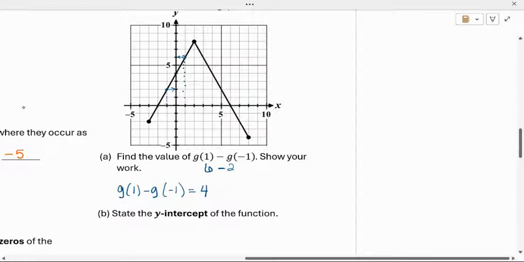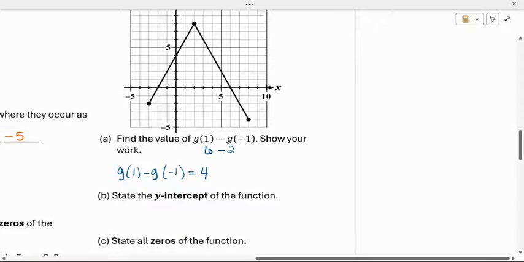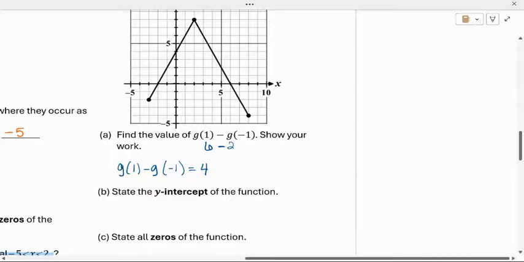All right, now we're looking for the y-intercept. Where does my graph cross the y-axis? Owen? So if it crosses the y-axis, then it'll cross, hold on.